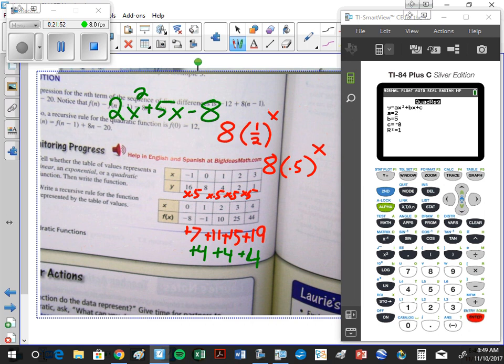We don't want to do average rates of change. I don't want to do recursive either.